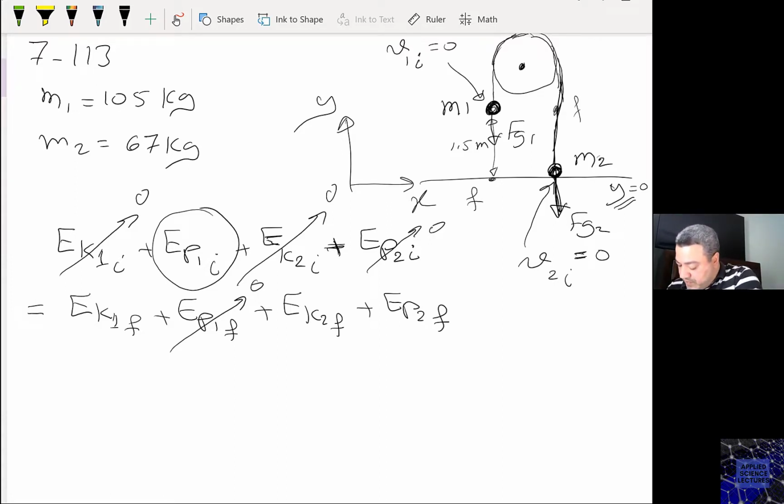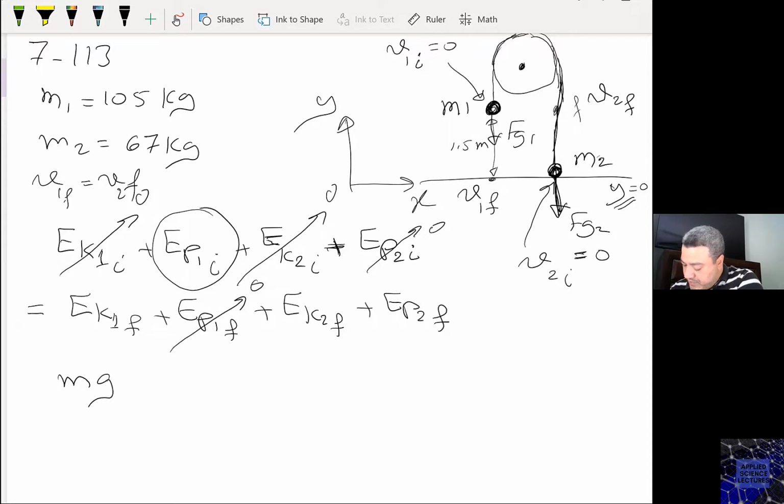Also one thing to pay attention to, that the velocity will be the same for both of them, right? So the velocity here at this point will be V2F, and here V1F, they're the same. So I have here V1F equals to V2F as well.